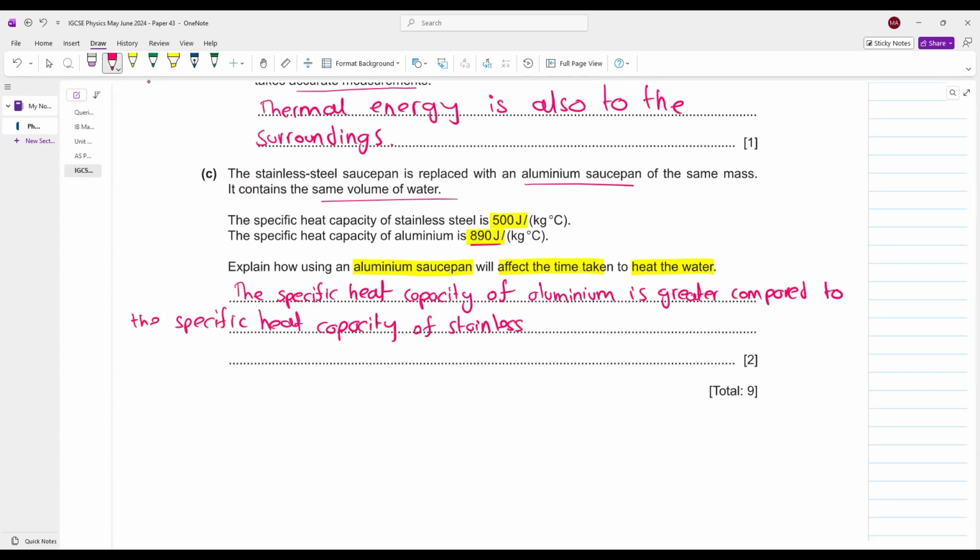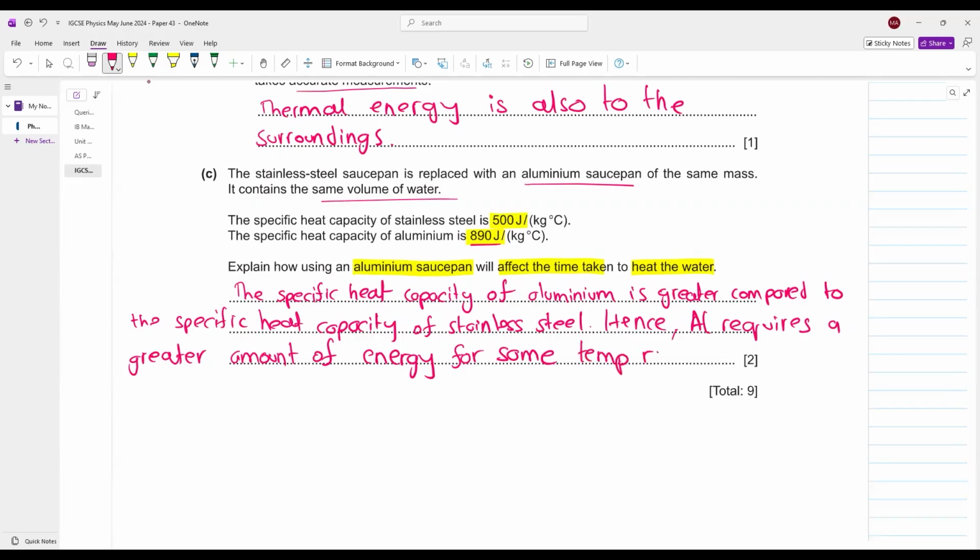Hence, इसके आगे क्या लिखोगे? Hence, aluminum requires a greater amount of energy for the same temperature rise.